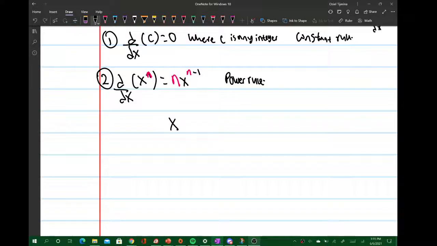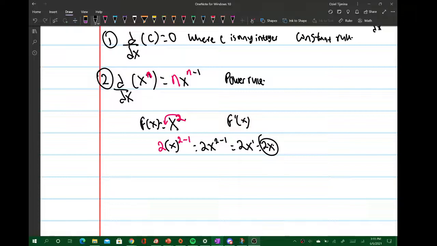Let's say f of x equals x squared, and I want to find f prime of x. What am I going to do? I'm going to grab the 2, move it to the front, times x, and then decrease the exponent by 1. So it's going to be 2x to the 2 minus 1 power. That's just 2x to the first, which is 2x, okay?